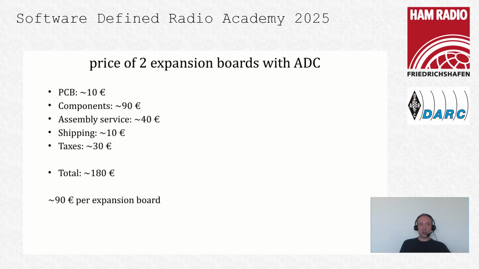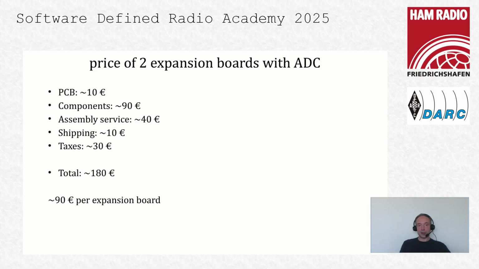And as you can see, the main part of the cost is the price of the components, and the next one is the assembly service, which costs around 40 euros. And then there are also taxes, which are quite important.